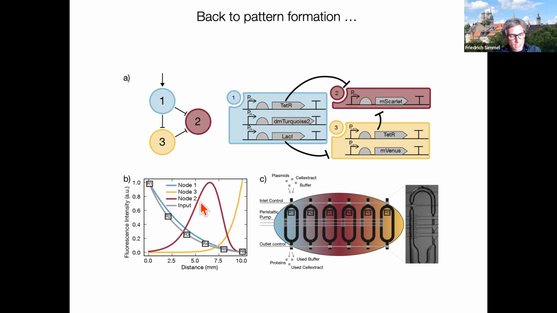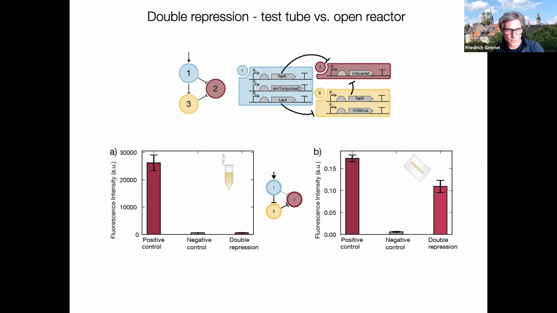So, this is the result of a numerical simulation: we would expect a high blue signal for the high input concentration, a high M scarlet concentration for intermediate levels, and a high signal of M venus for very low concentrations of the inducer.